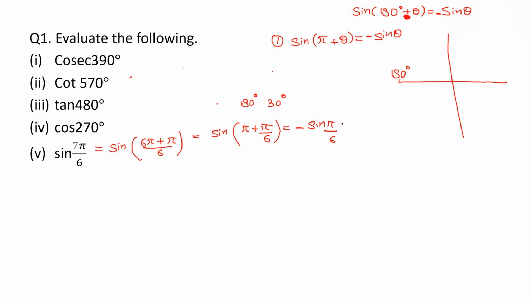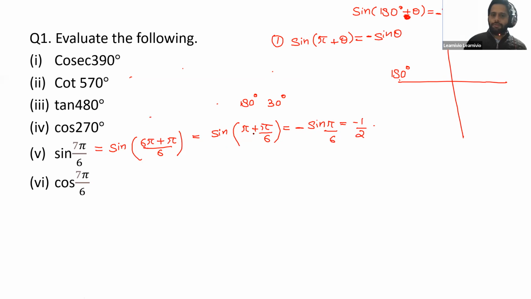The negative sign, pi by 6 means 30, so you would get minus sine 30. This clear, Yusra? Yes, sir. Sir, that pi plus pi by 6, basically that is pi plus theta, right? Yes, that's good. Okay. So please note down this and try question number 6 and share your answer.